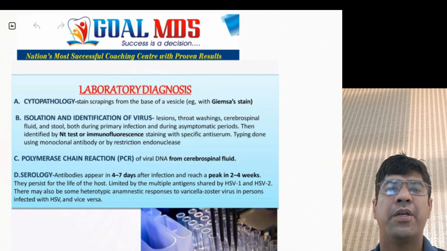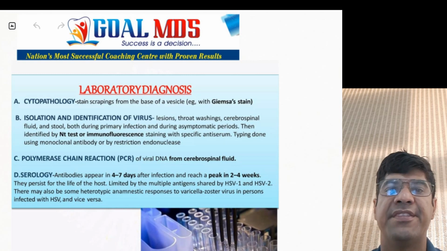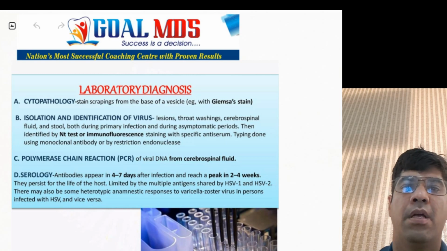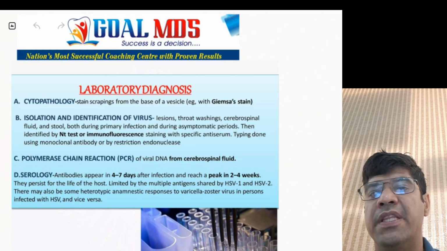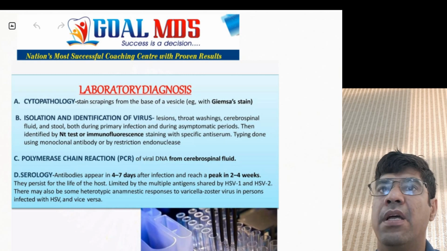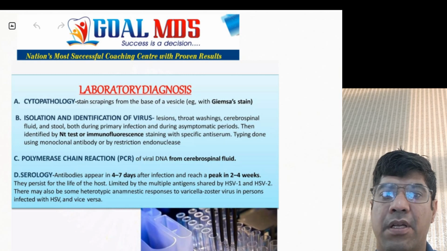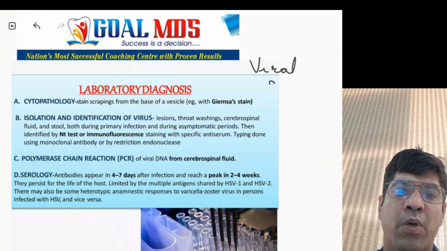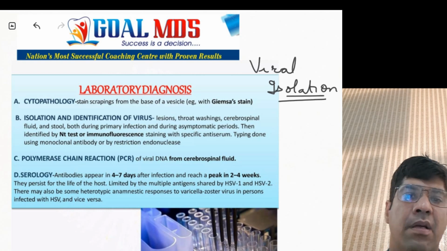Coming to the diagnosis, a clinician can often diagnose herpes simplex virus based upon the symptoms and appearance. Lab confirmation might be necessary due to confusion with other diseases. Second, one can do viral isolation, growing the virus in tissue culture from the fluid of an intact vesicle.